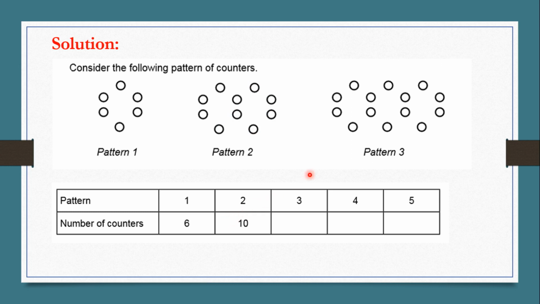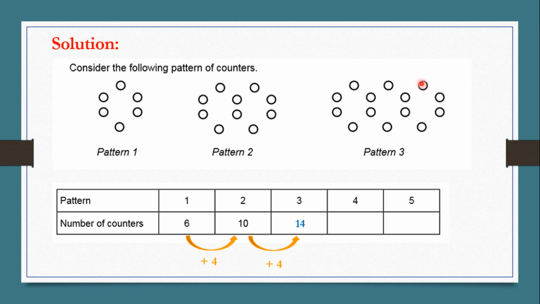Now for pattern 3, we have 14 counters. Can you try to find what we are doing to get the next term? 6, 10, 14. Yes, we are adding 4 to get the next term.